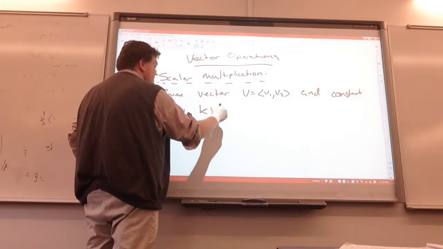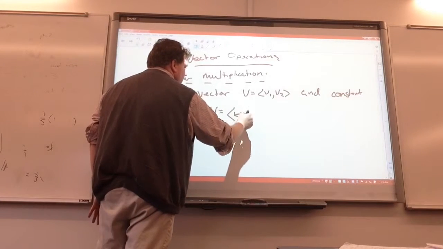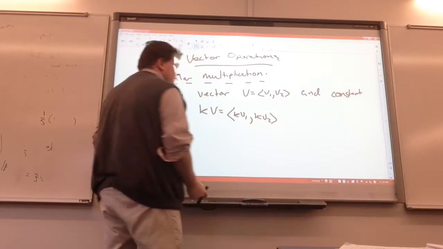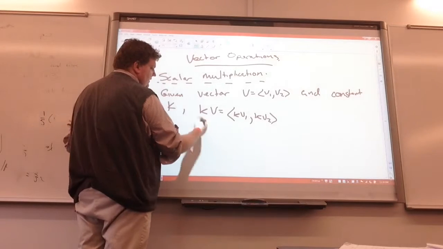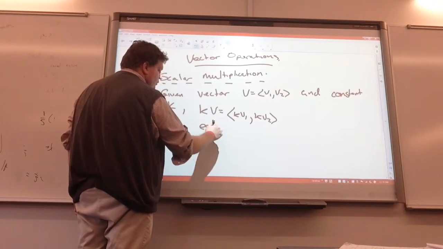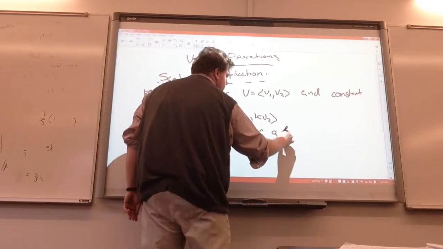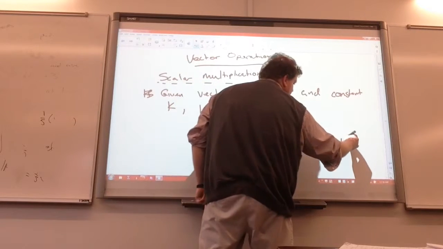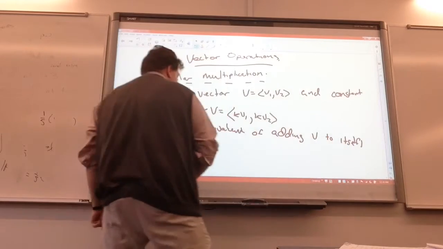k times v would be equal to kv1, kv2. It's actually the equivalent of adding v to itself k times.